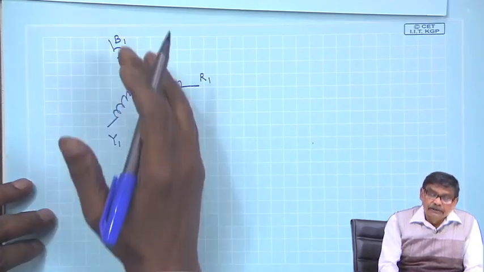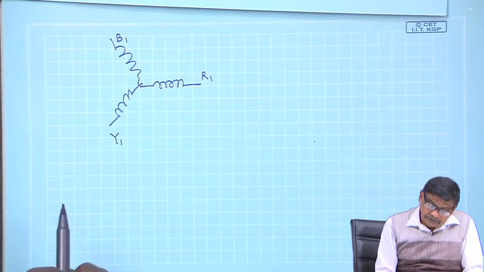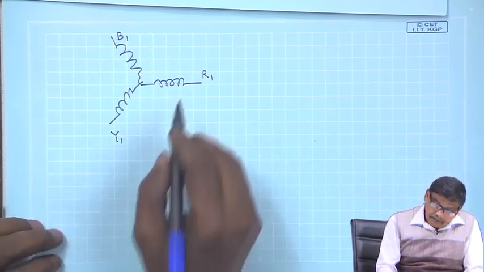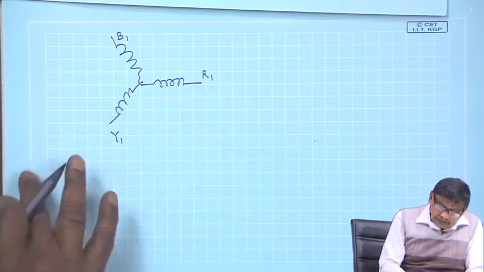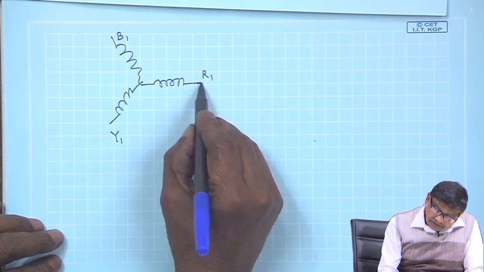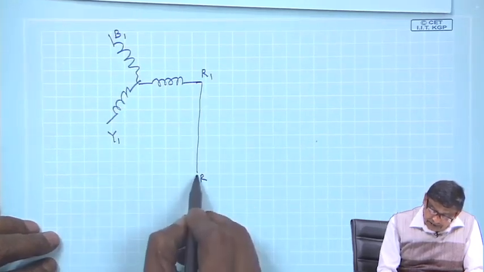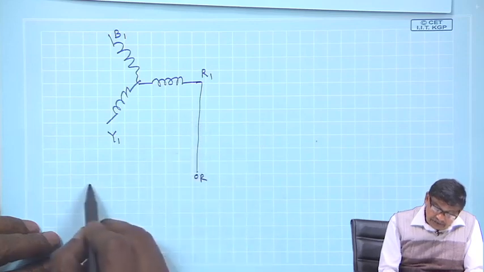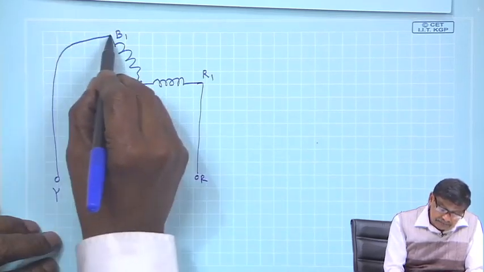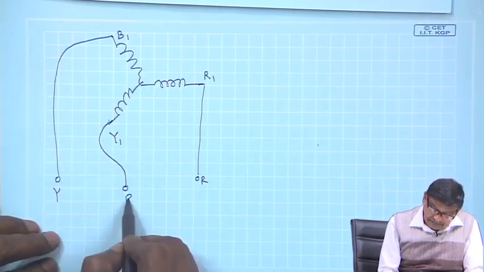Now, if these 3 coils are energized once again by balanced 3 phase currents, but with the supply phase sequence reversed, that is you connect the supply R to R phase, supply Y to B phase and supply B to this Y axis.